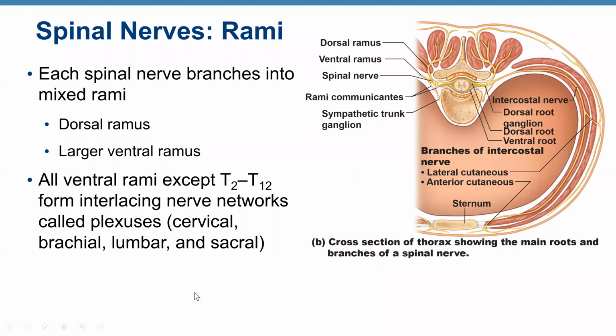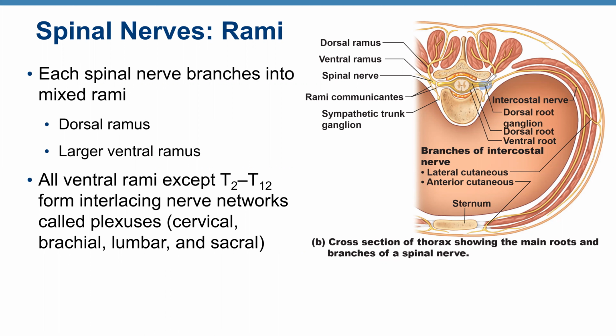Okay, then something happens with the spinal nerves. Each spinal nerve branches into rami, mixed rami. Rami means branches. So look over here. Here's our dorsal root, ventral root, and the spinal nerve is actually a very short structure.